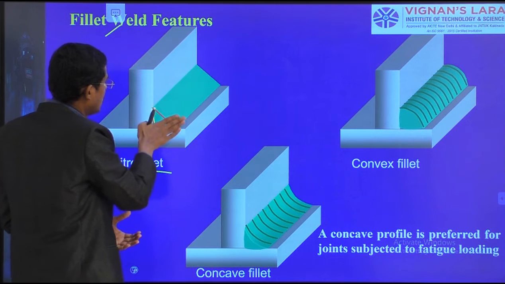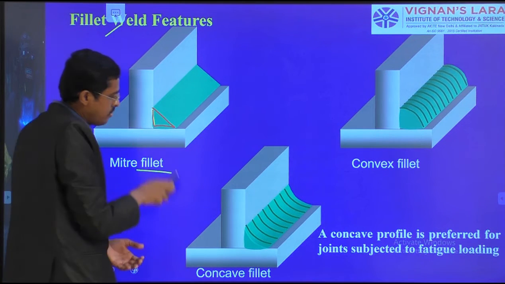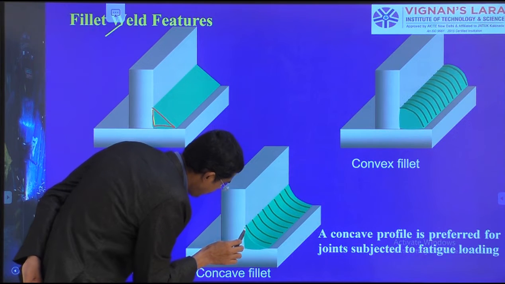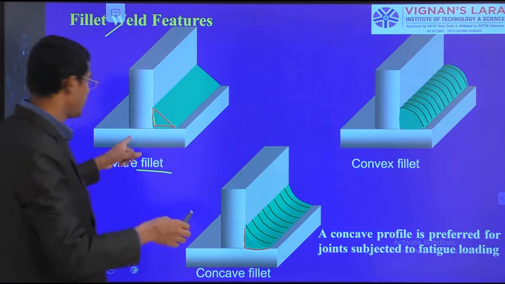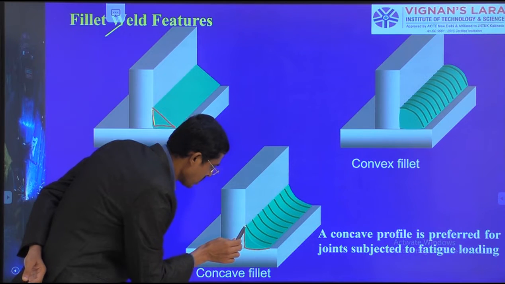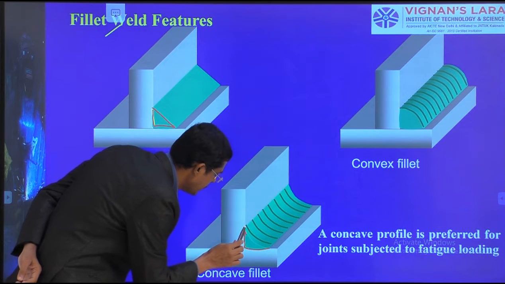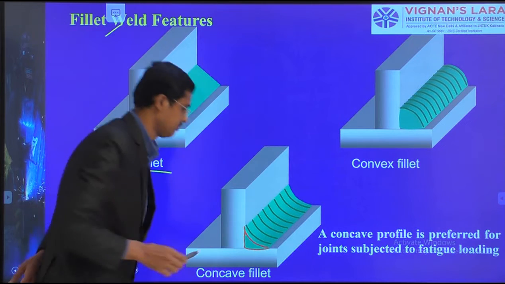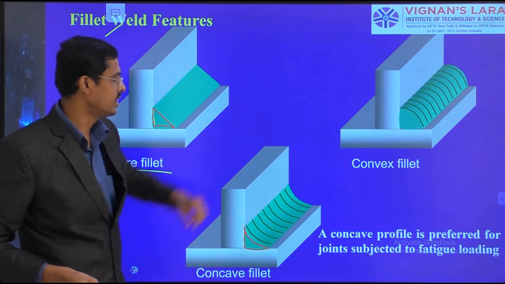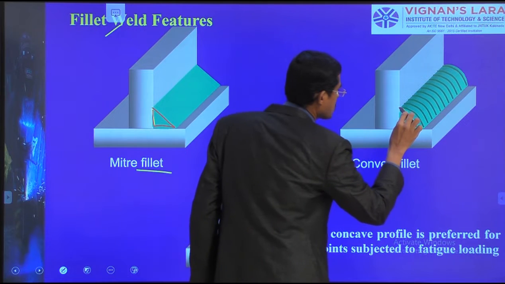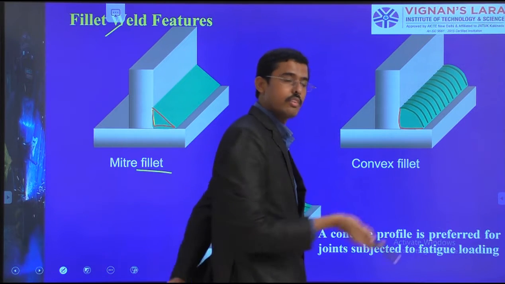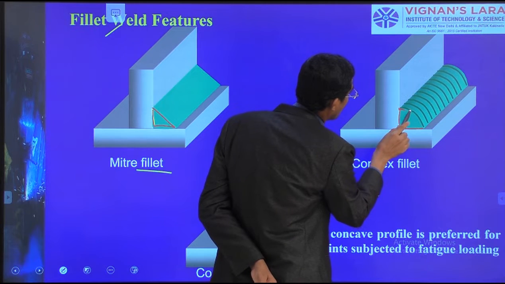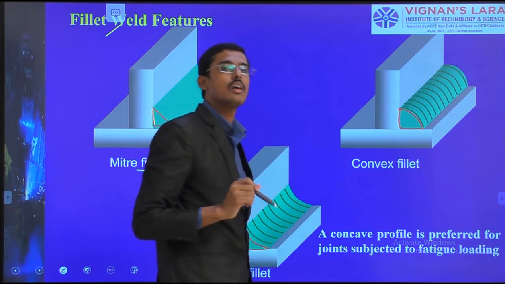Okay, so here the fillet has been done flat. But here, in the same T joint, the fillet has been made concave. And here the fillet has been made convex. So this is not good.